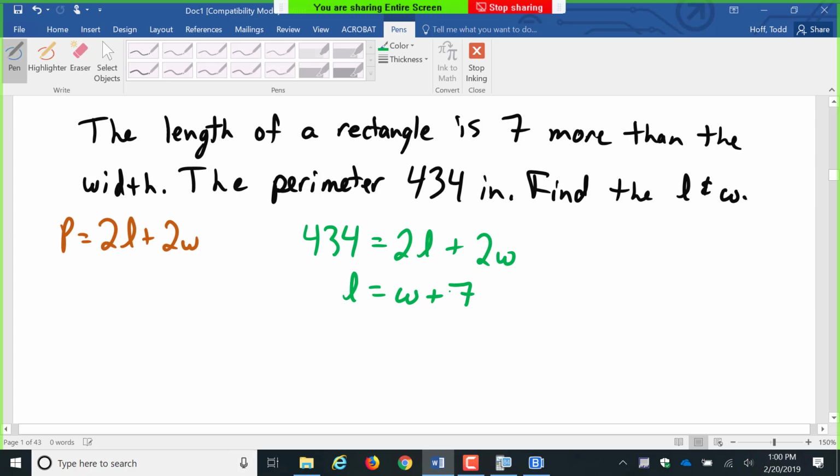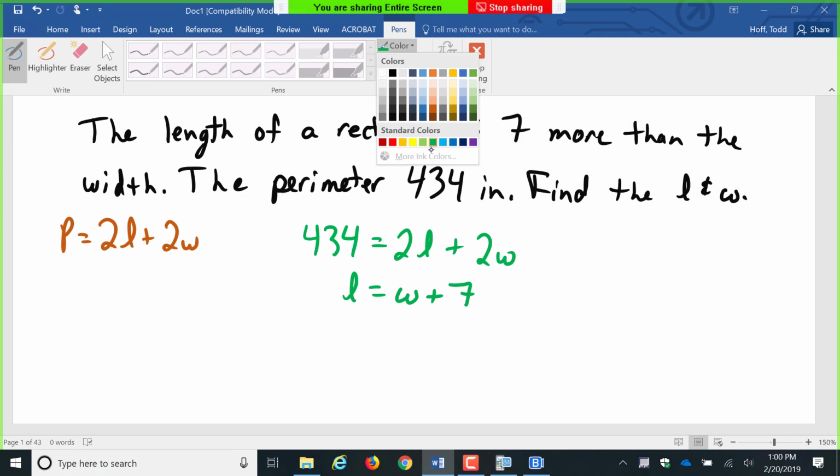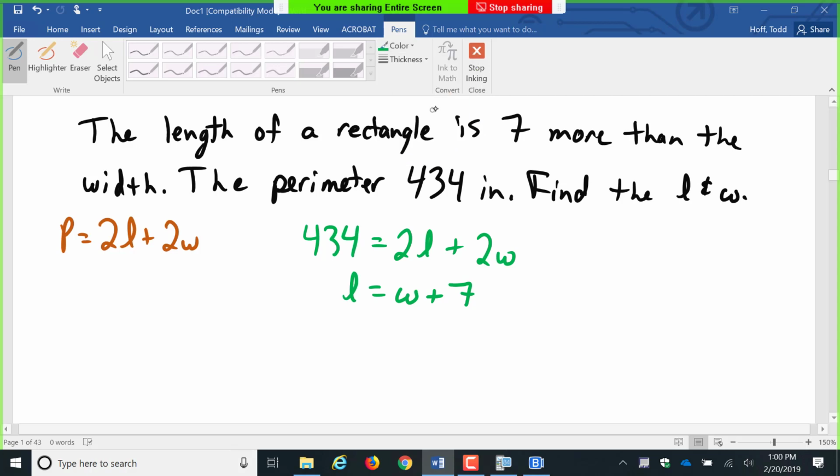Good. The length is 7 more than the width, so L equals W plus 7. What do you do from there? We could substitute it in. So this is going to be 434 equals, instead of 2L, it's 2 times W plus 7 plus 2W.